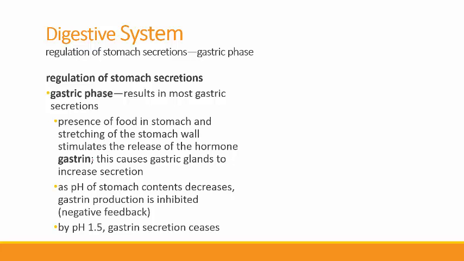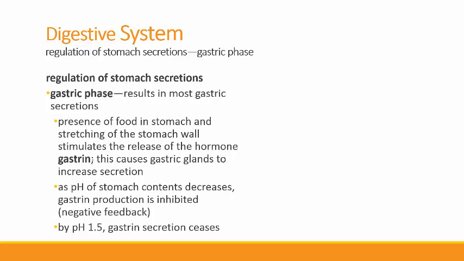As the pH of the stomach decreases, the lower and lower pH provides negative feedback on the production of the hormone gastrin. So low pHs will slow the release of gastrin, which then slows the release of the digestive glands, so that by the time we get down to a pH of about 1.5, no more gastrin is being produced.